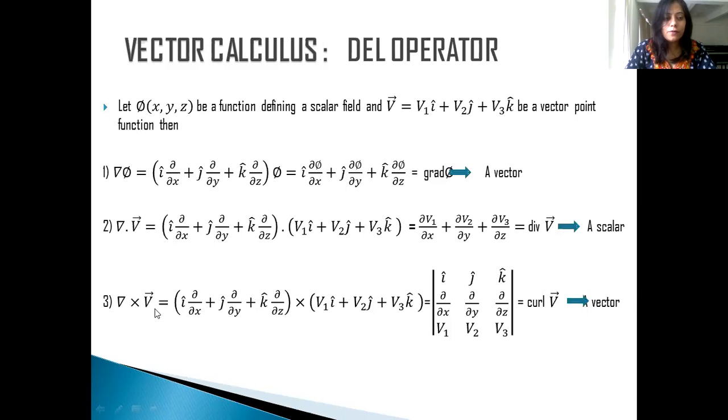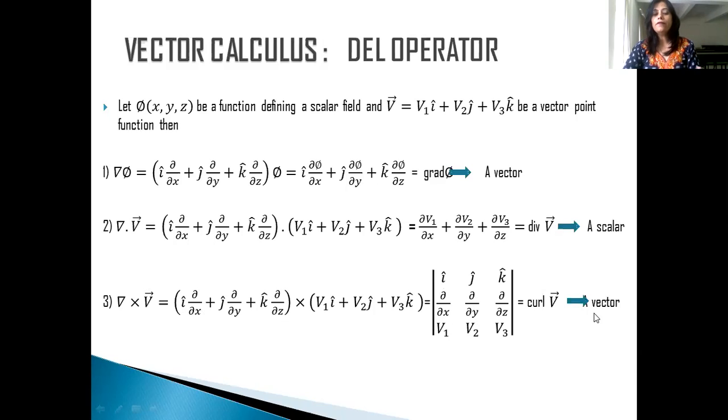Now come to the third one, when I am applying nabla with v but doing the cross product. When you do the cross product, this is how we solve it by the determinant: i, j, k, then del by del x, del by del y, del by del z, then v1, v2, v3. This will give you another vector and it is known as curl v, and this is a vector.